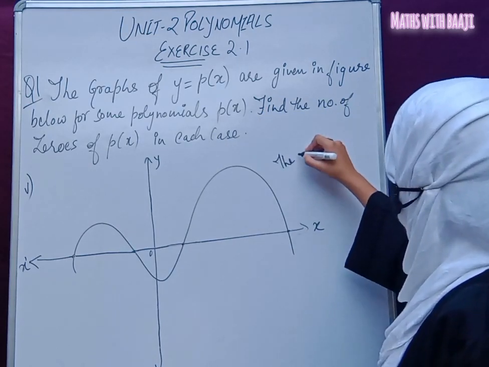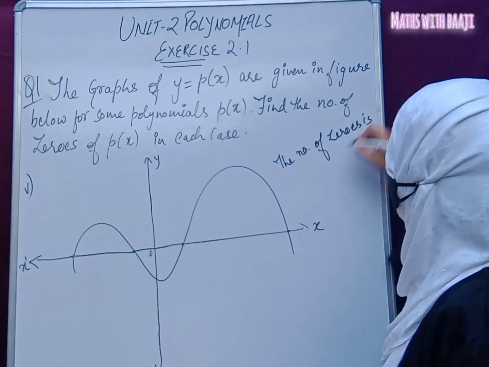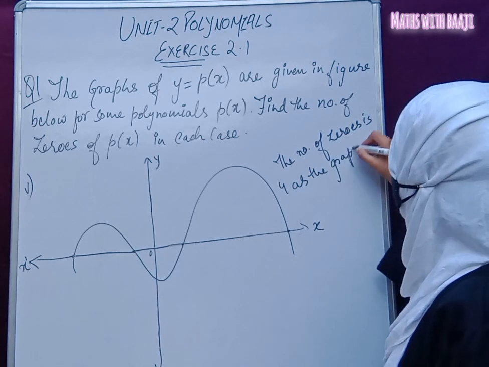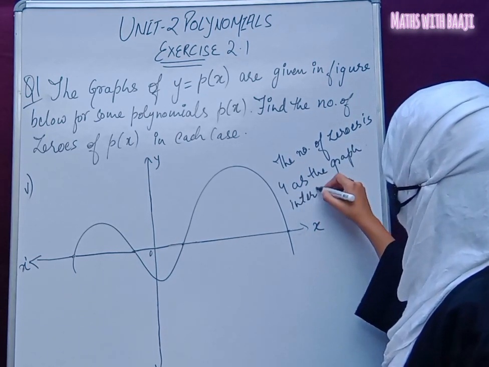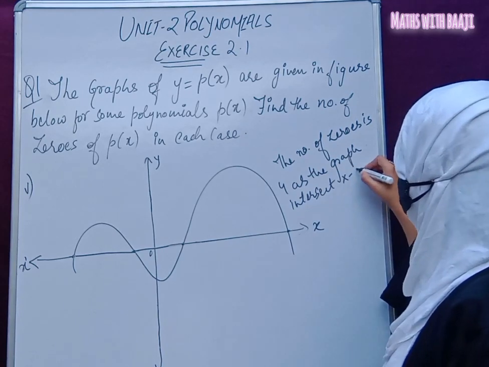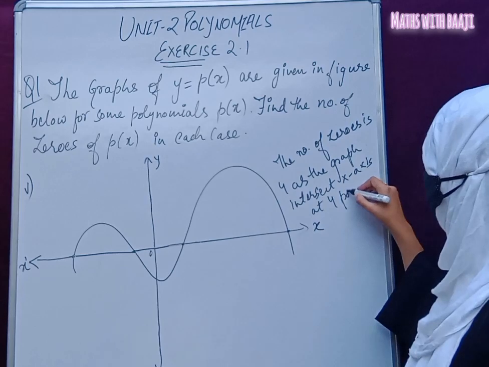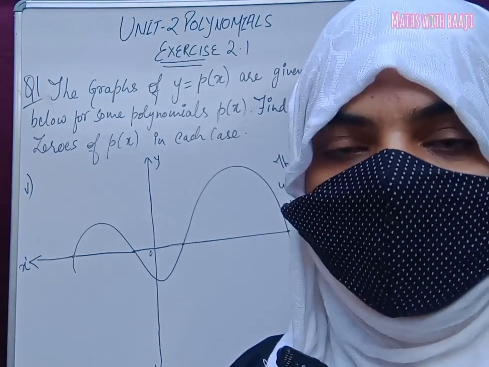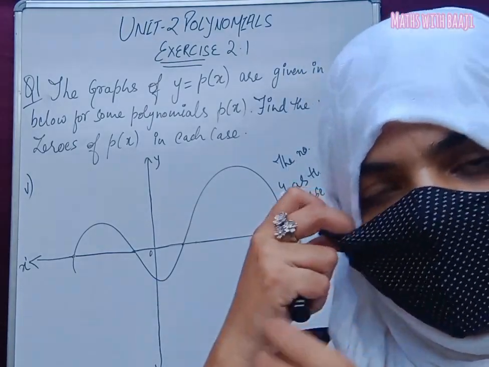So the number of zeros is 4 as the graph intersects the x-axis at 4 points. See, how many times is it intersecting our x-axis? 4 times. So the number of zeros is 4, and we have written the reason also.